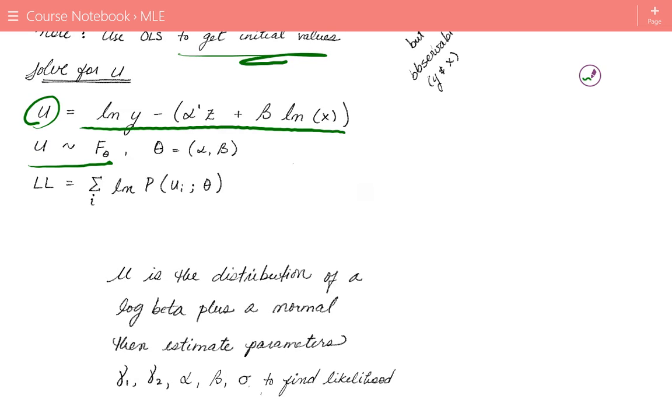We need to know what the distribution of u is, and it's parameterized by alpha and beta, because this is what we want to ultimately do. We want the log likelihood associated with the probability of getting u with the parameterization theta.